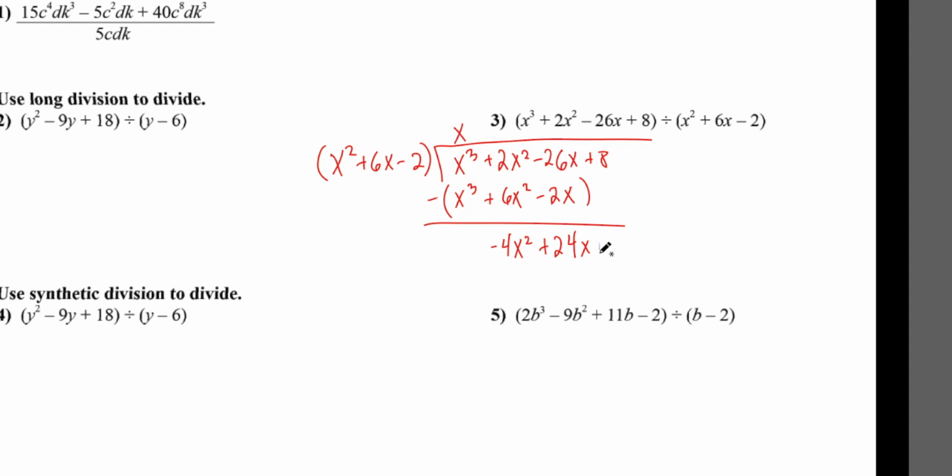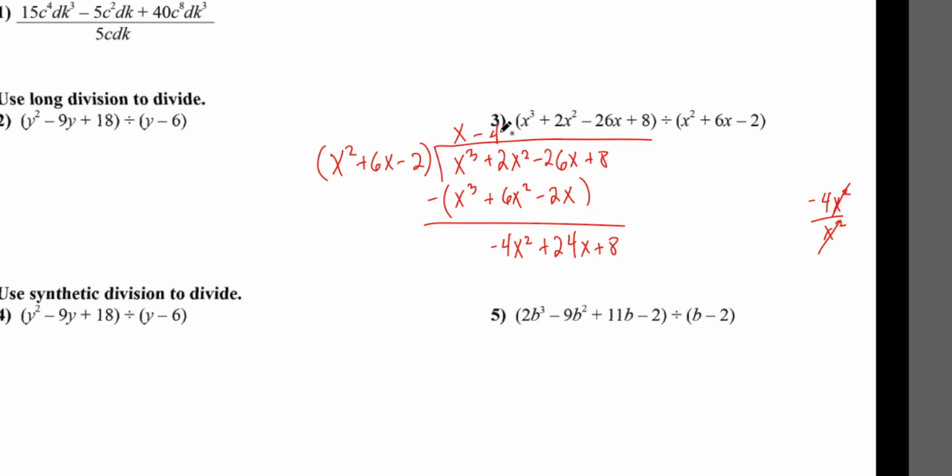Bring down the 8. And repeat the process. Take this and divide it by x squared. Negative 4x squared divided by x squared is just negative 4, so we put a minus 4 right there.